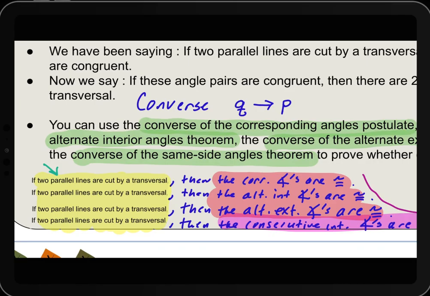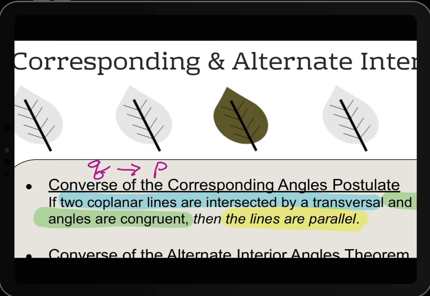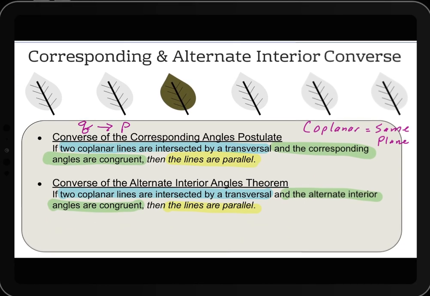That's why they don't have to reference that in the original postulate or theorem, because when you say that the lines are parallel, you are establishing that in fact you have coplanar lines, as these converses are establishing. So basically we're going in reverse. Now we're going to actually try to show that the angles are either congruent or supplementary, to then show that the lines have to be parallel. That is not what we were doing with the original postulates or theorems.